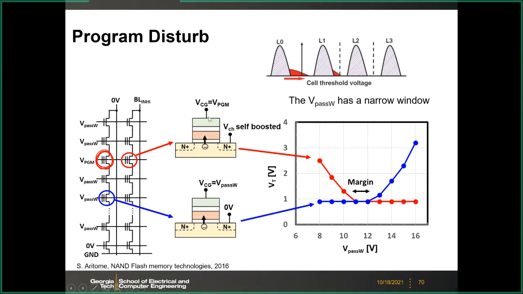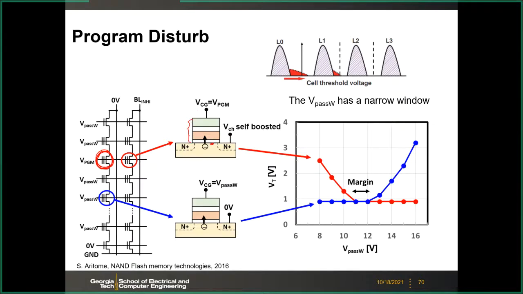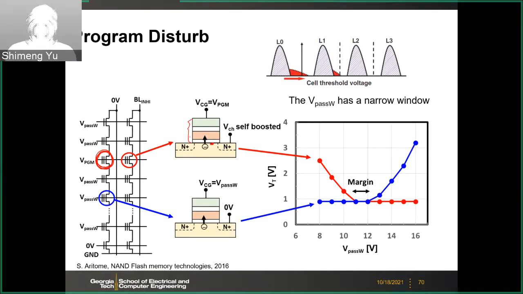And we have the channel inhibition and the self-boost scheme as we discussed before. The idea is that we have to increase the channel potential. Therefore, the effective voltage drop across the gate stack is reduced, so this cell will not be programmed.